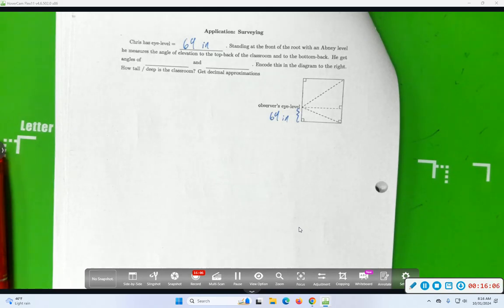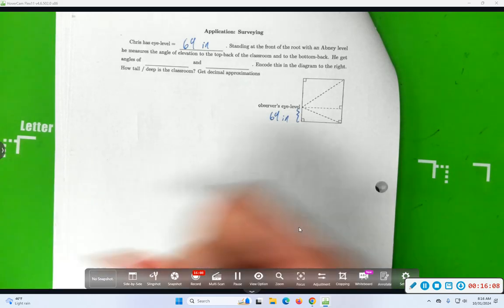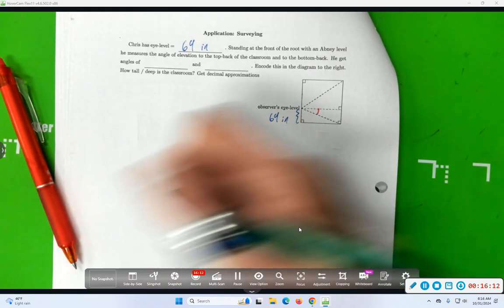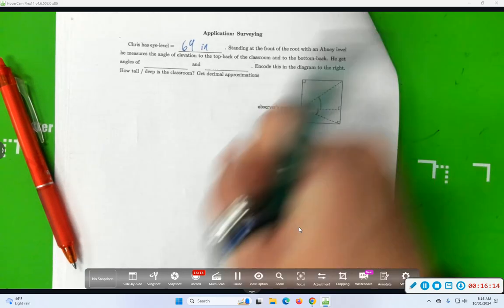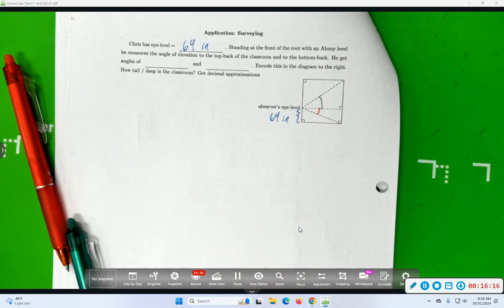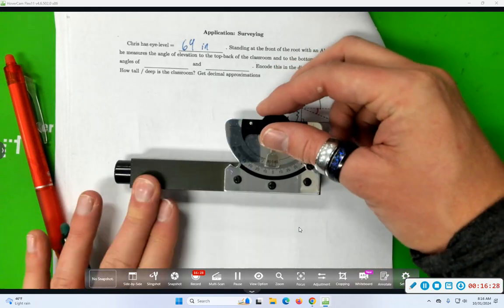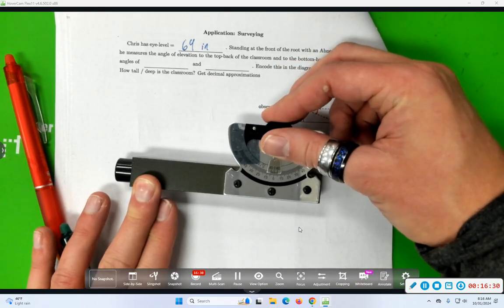I will now measure some angles. I am going to measure the angle down to the bottom of the room and up to the top of the room, and I have a tool that will let me do that. I purchased it for myself in the not too distant past at Cavity Level. Here's what this device has. It's got a little spinny thing to record an angle measure in degrees.